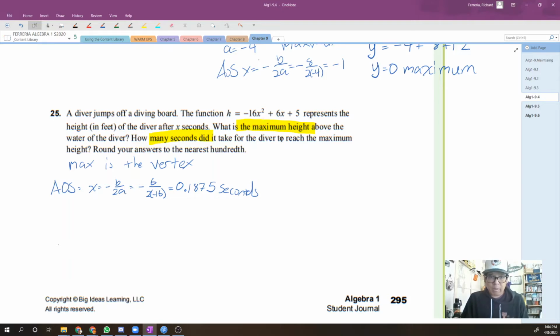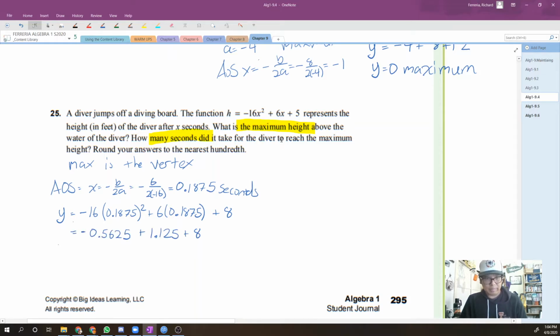Let's take that number, and you're going to substitute that number into h. Okay, negative 16 times 0.1875 squared plus 6 times 0.1875 plus 8. Do all the multiplication. You'll get negative 0.5625 plus 1.125 plus 8.